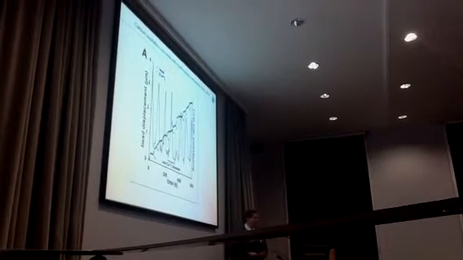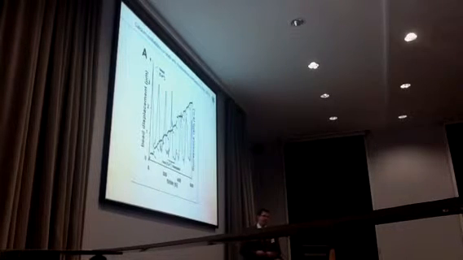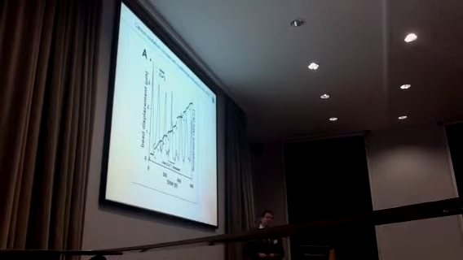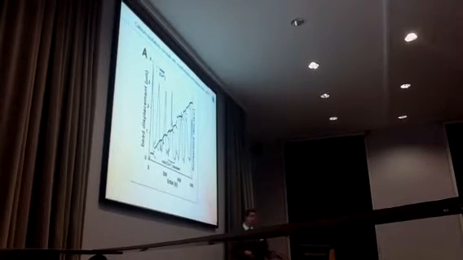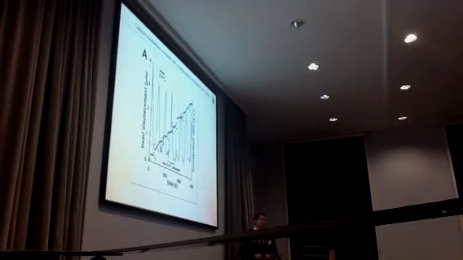Thapsigargin is not available for clinical use, it's toxic. So if you find an alternative, you can get very rich, because the cosmetic industry is interested in stopping wrinkle development and stuff like this, and this would be one key mechanism, obviously.